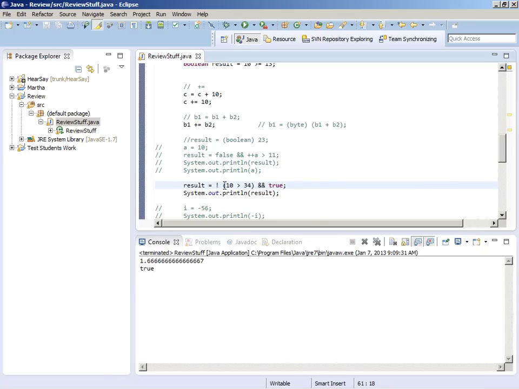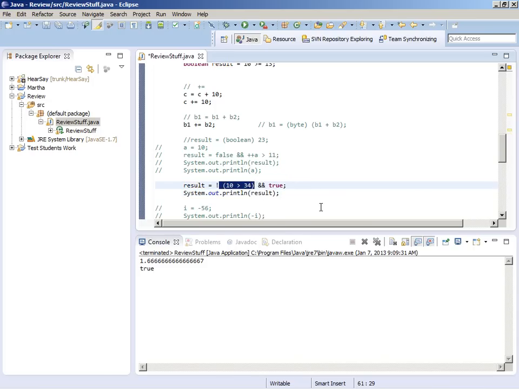So the not operator almost always is followed by something in parentheses, but it always is followed by a Boolean or something that evaluates to a Boolean. So it might be a Boolean variable. That would be confusing if we printed out not result. The opposite, the logical opposite.